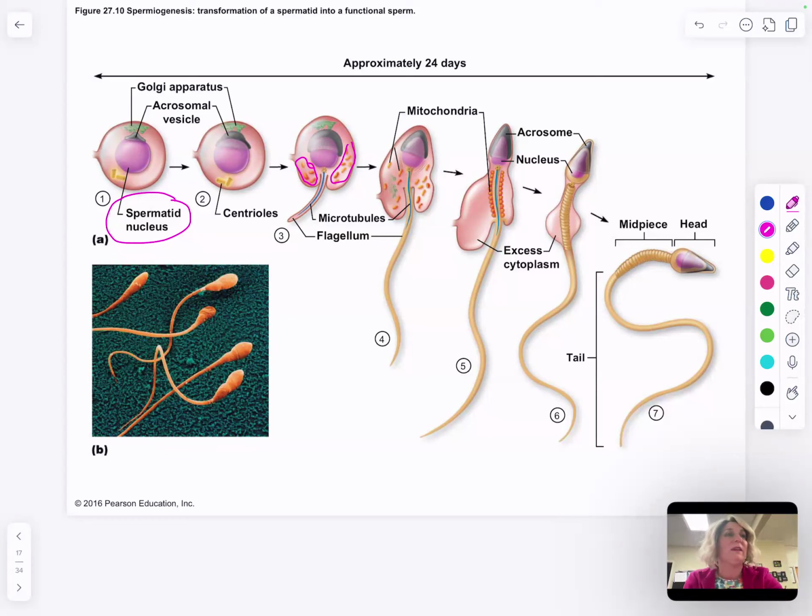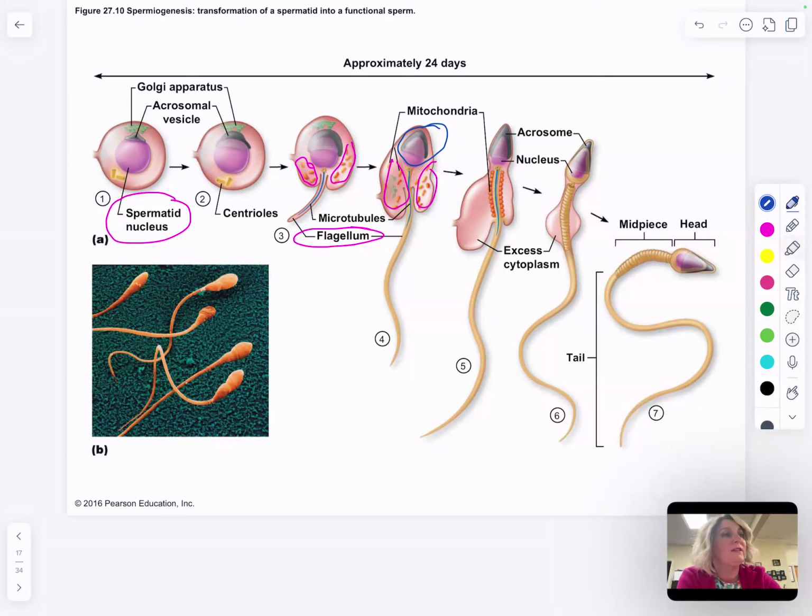You also have the beginning of the flagellum there, which is going to be the tail. All right, and there's that mitochondria, and it's starting to form. Up here in the head, all of that head area there, that's the genes. That's the genetic code, is the head. Everything else is just to support the sperm to get to where it needs to go.